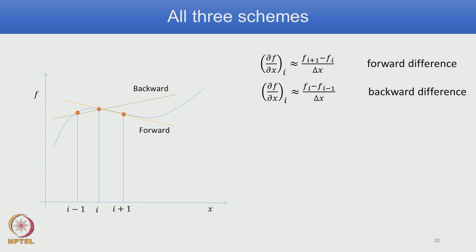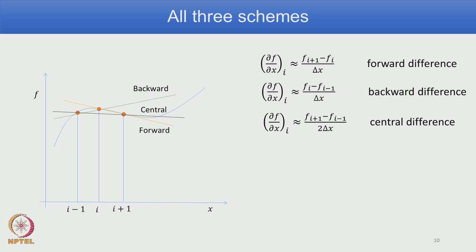For backward differentiation, it is evaluated using the function values at I and I minus 1, and for the central difference scheme it is evaluated using function values at I plus 1 and I minus 1. So, you see here the function curve actually is this way, and you are evaluating slope by 3 different methods, and for each method there is an error associated, it is not always perfect.